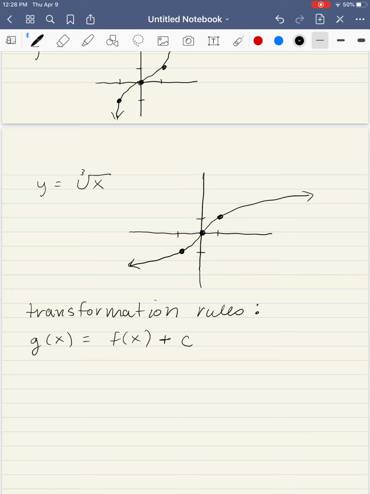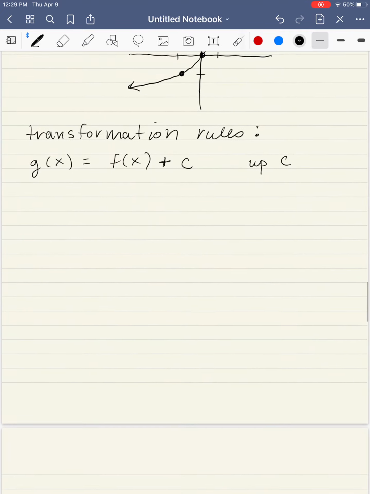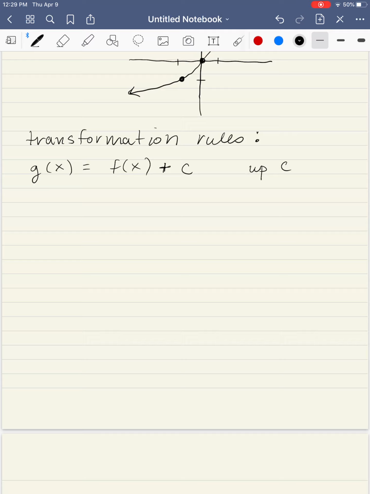We're going to see that what that does is you plot all of your points, but then each one of them moves up c units because the plus c is outside of the basic function f of x. Leave some space here because we're going to come back and put more transformation rules.